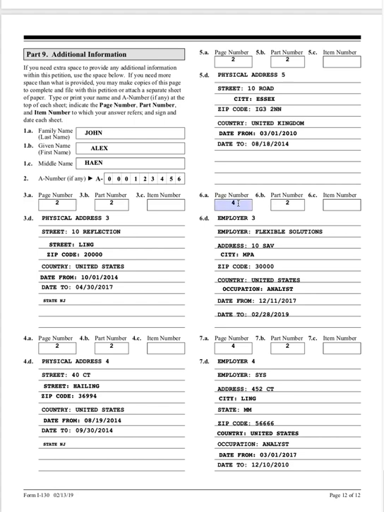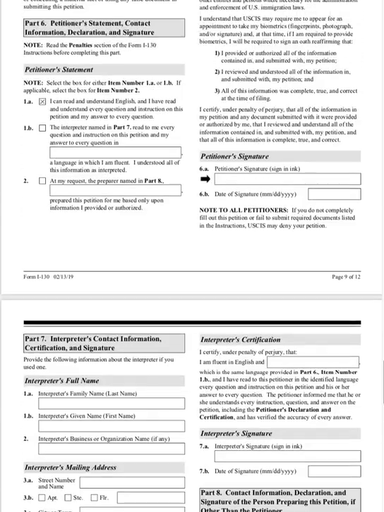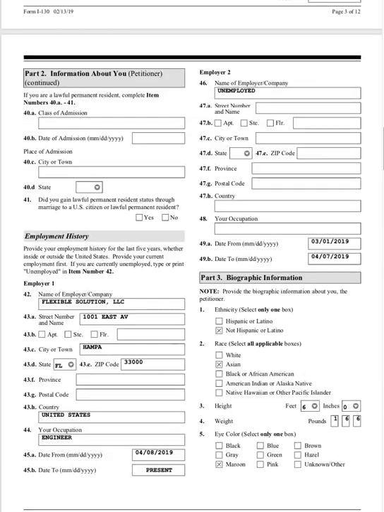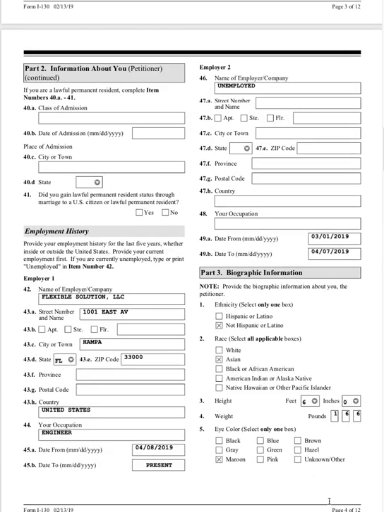Page number 4 was related to my job information, and part number 2 is the continuation of part 2. If I scroll up to page number 4, sorry. So this is page number 4, and right here is part 2, information about you, petitioner. So this is the continuation. I enter employer 1, employer 2.